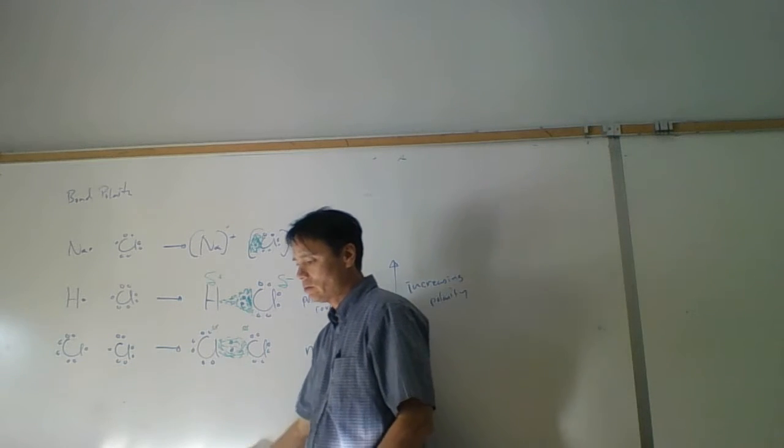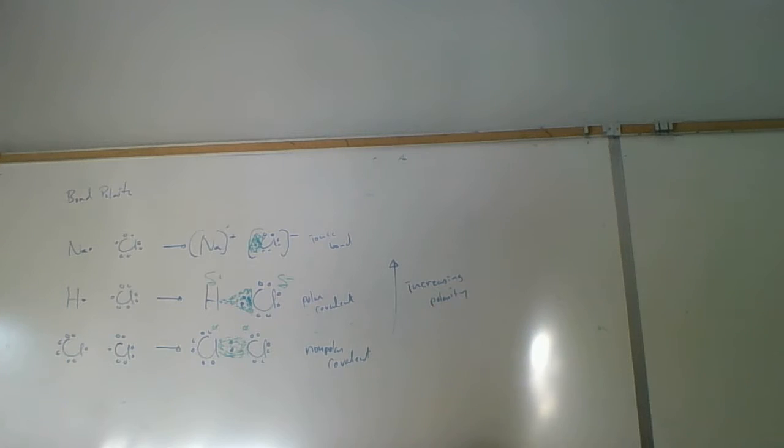And so we're going to assign ranks to their ability to pull electrons. This is the diagram. On the left, is that polar or non-polar? Non-polar. On the right, this is the most polar you can get, called ionic. And this is somewhere in between, called polar covalent. So non-polar covalent, polar covalent, and ionic.